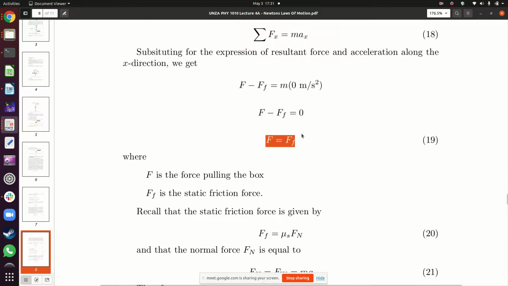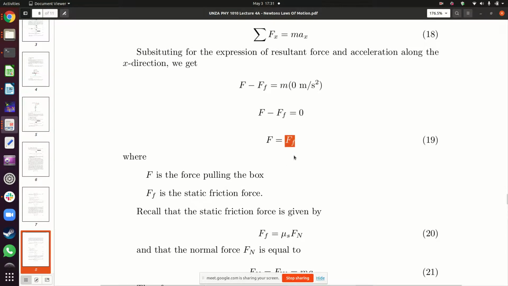So this is what happens if you try to pull something, and that particular something you're trying to pull decides to remain motionless despite your efforts of pulling it. The reason why it is not moving is because your pulling force F is equal to the friction force.